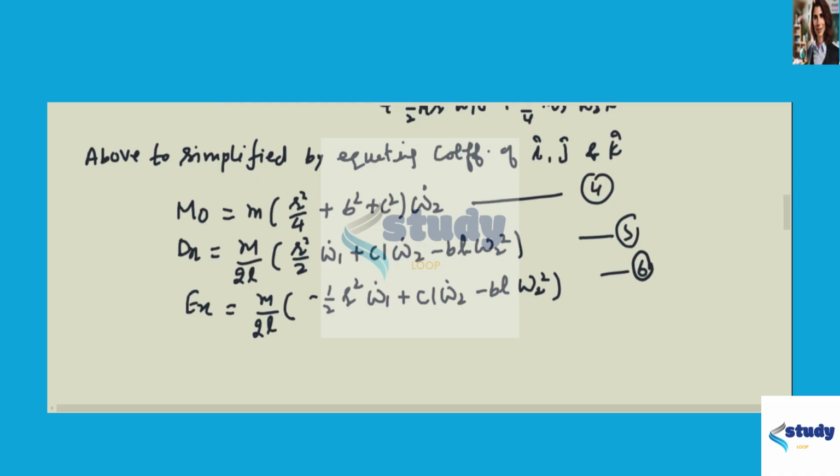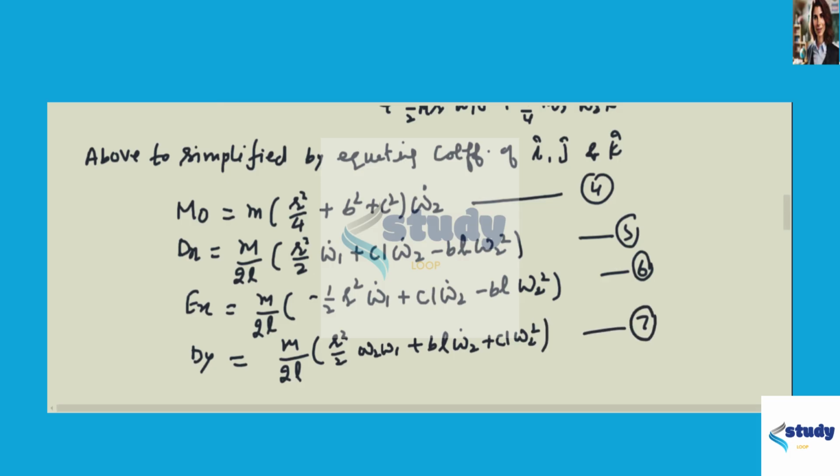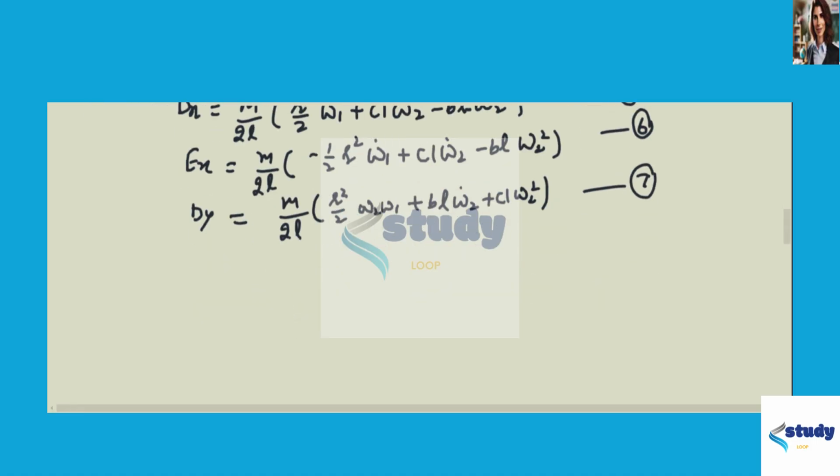Similarly, Dy you will get M upon 2L, R square by 2 omega 2 omega 1 v l rate of change of omega 2 plus c l omega 2 square, and last Ey is M upon 2L, half R square by 2 omega 2 omega 1 omega 2 plus c l omega 2 square.